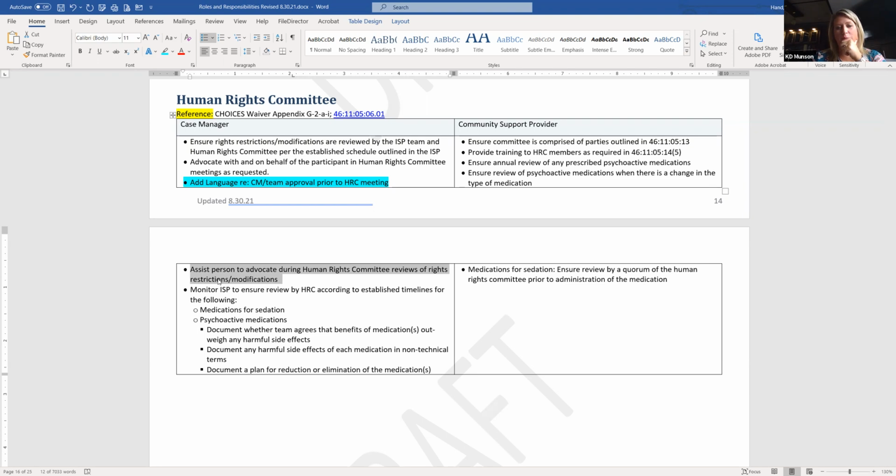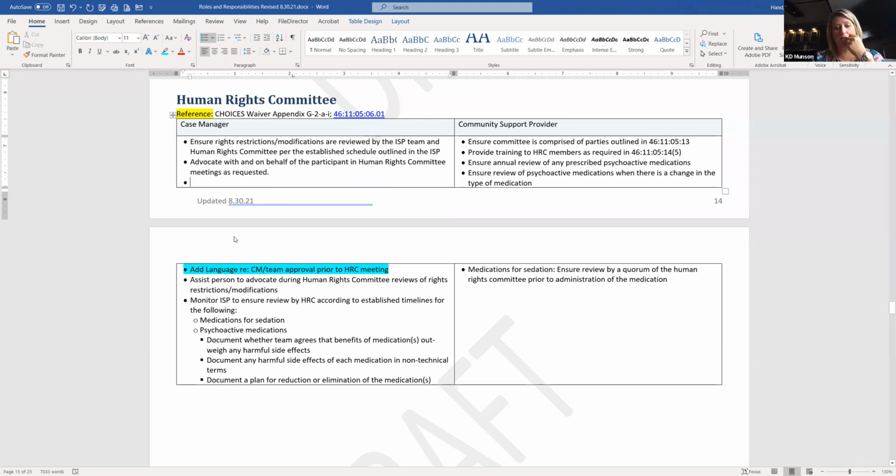And maybe that's some of the sub bullets. I feel like bullet 2 would capture all of that because it says advocate with. But is it during the Human Rights Committee? I don't want it to be that specific either. I think there can be ways.